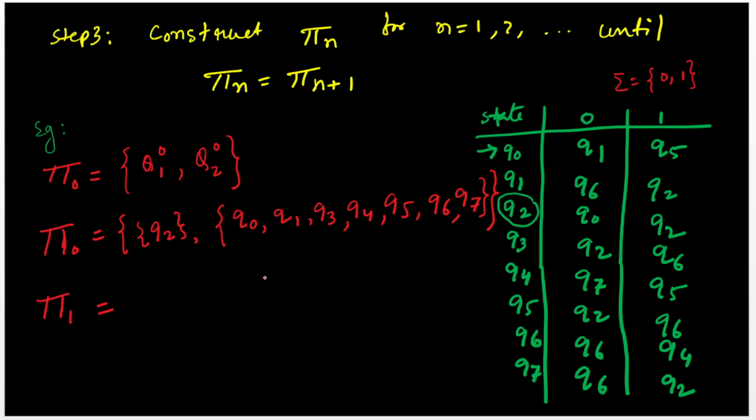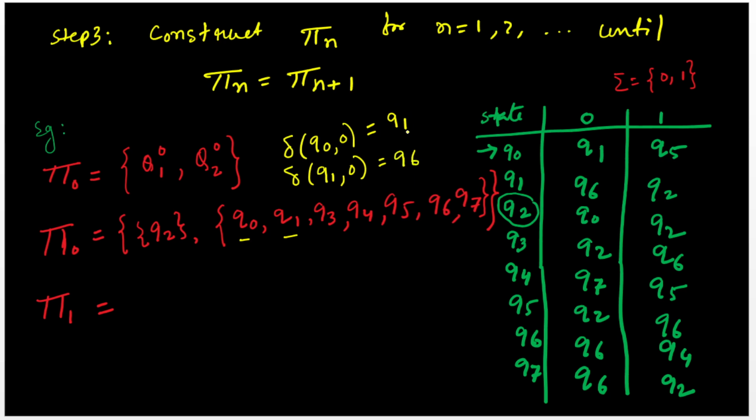Now we'll check each and every one. So let's see. Suppose we take q0 and q1, whether they are k plus 1 equivalent or not. Now delta(q0, 0) and delta(q1, 0). What are the next states? In case of q0 with 0, it is q1, and q1 with 0, it is q6.